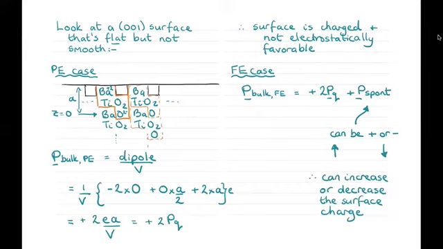Okay, so for our next example, I want to look at the case of bismuth ferrite, which is a popular material because it's multiferroic. It's both ferroelectric and magnetic because of the presence of the iron ion.